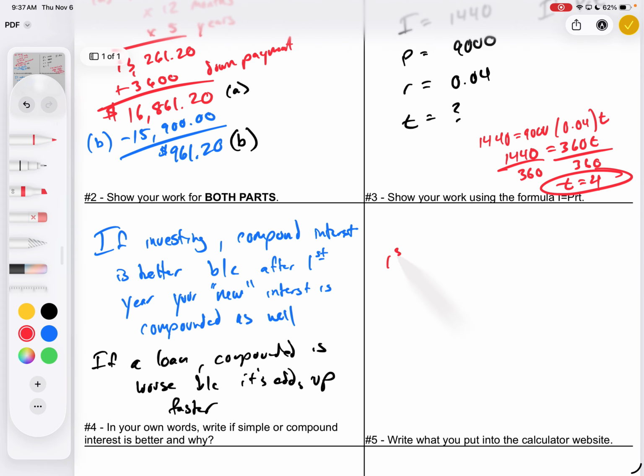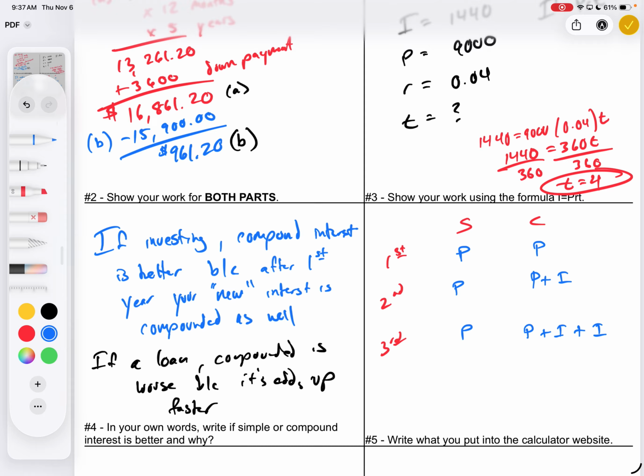You definitely don't have to do this, but this is kind of what the problem looks like if you wanted to make a chart, simple and compound. So simple, you just have the principal. After the first year, it's always just the principal because that's all you have in there. But then the second and third year, you're still just finding interest on the principal every time. But on compounding, you'd find the principal plus the interest, and then the principal plus the interest plus the interest.